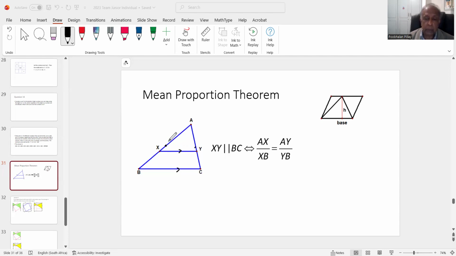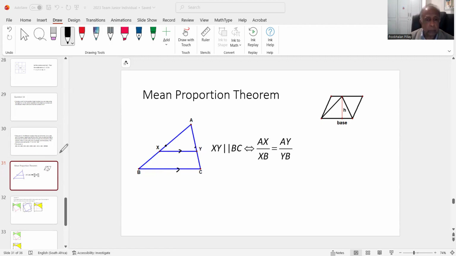So if X was the midpoint of AB, and this line is parallel, then Y is the midpoint of that side. Now that's also a theorem, the converse to the midpoint theorem in geometry. So this is a little bit more general. It tells you no matter which line you draw parallel, this ratio will be the same.